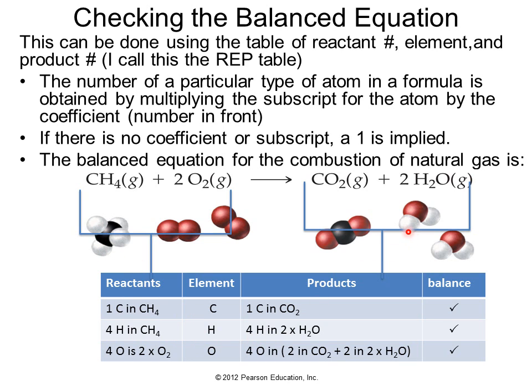In the products, we have 4 hydrogens in 2 molecules of water. And the oxygen, we have 4 oxygens in 2 molecules of oxygen. And we have 4 oxygens in the products: 2 in carbon dioxide, and 1 in each of 2 water molecules. So this equation is balanced.